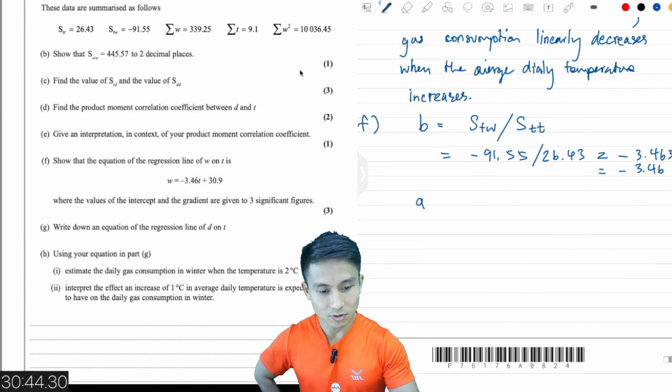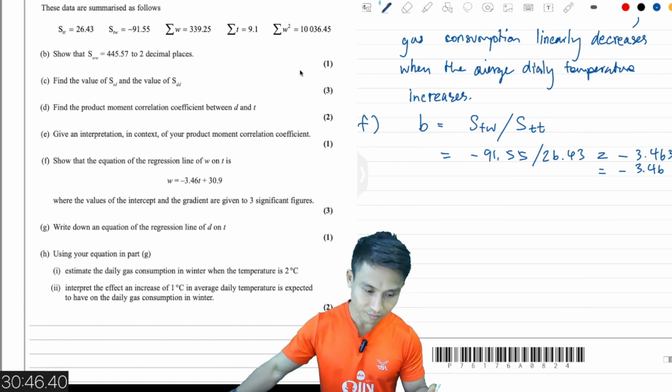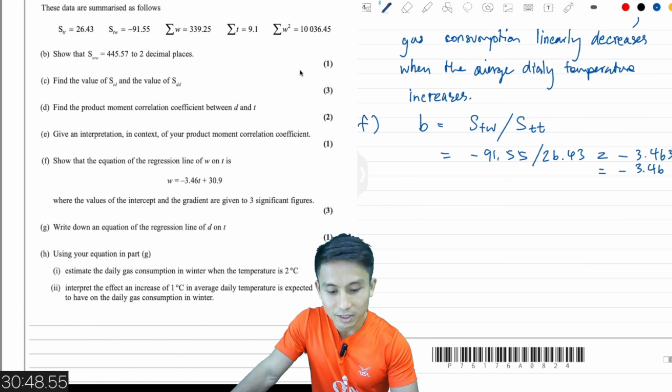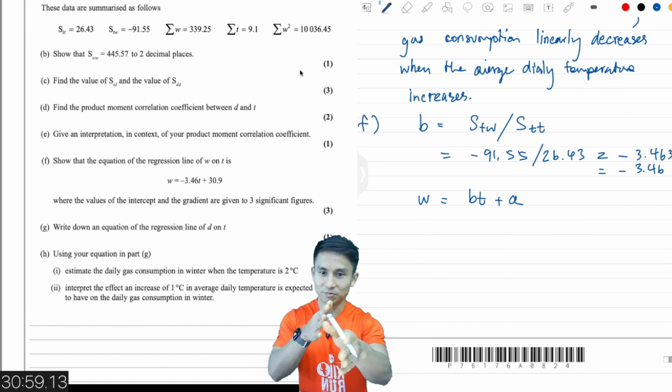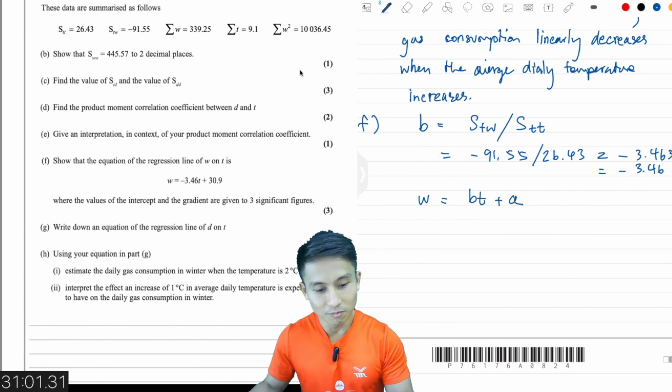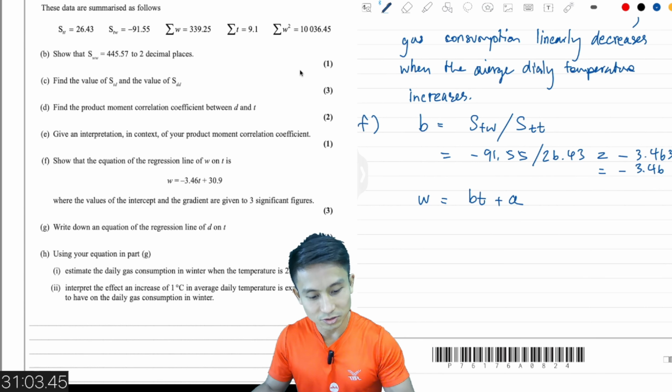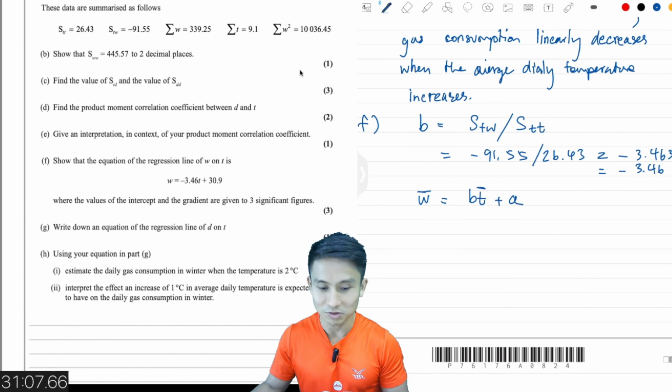So for A, we can just plug into the equation. The regression line is usually in this form, W equals BT plus A. In order to find A, we just find the mean of W and the mean of T, and then make A the subject.